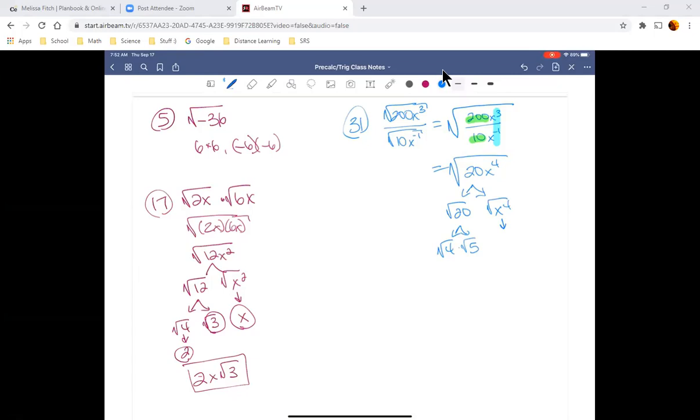But do we all agree that x squared squared would give us x to the fourth? So we can't break that one down any farther. Square root of 5 isn't going to go anywhere. Square root of 4 is going to give me 2. So 2x squared square root of 5.